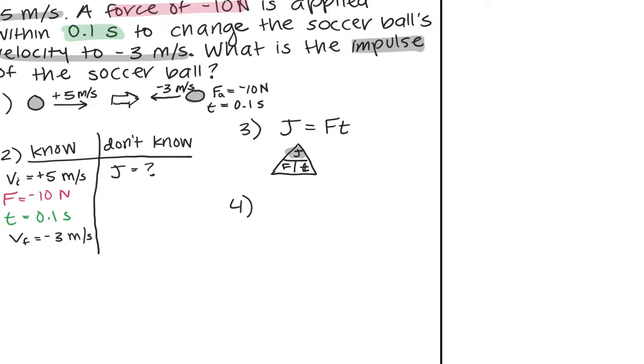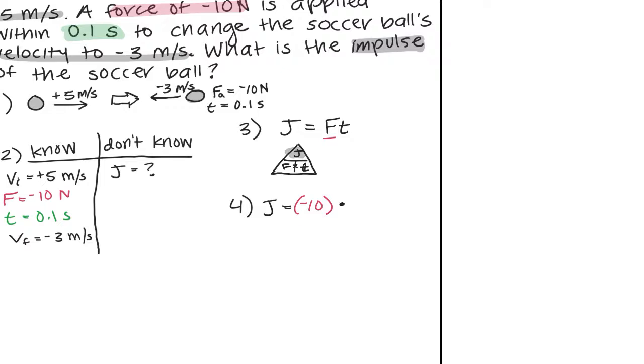So if we cover up J, we know that we are multiplying F times t to equal J. All right, so now we've got everything set up. Let's start plugging things in. For F, I'm going to plug in negative 10, and I'm putting parentheses around it so I don't lose track of my negative signs.